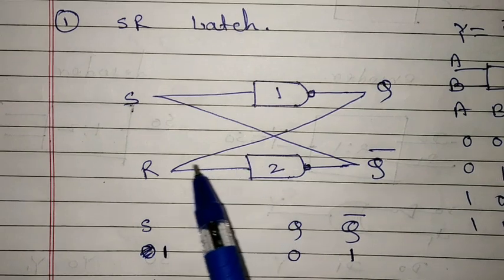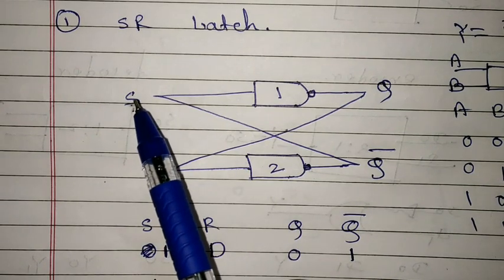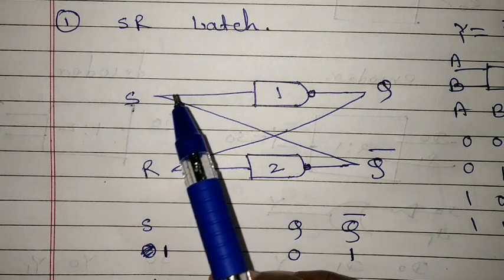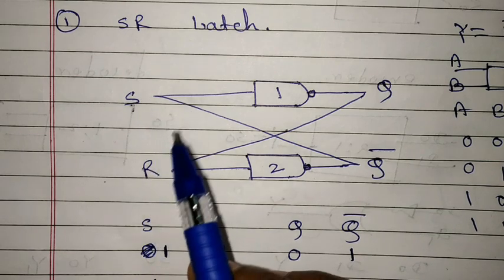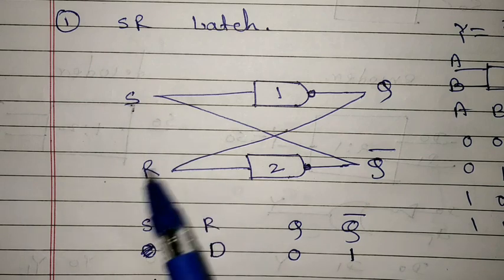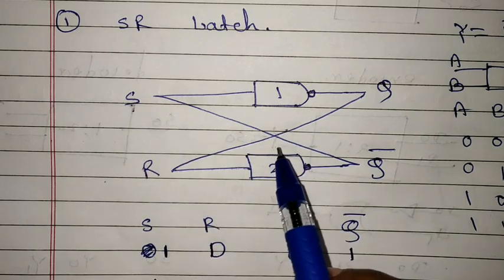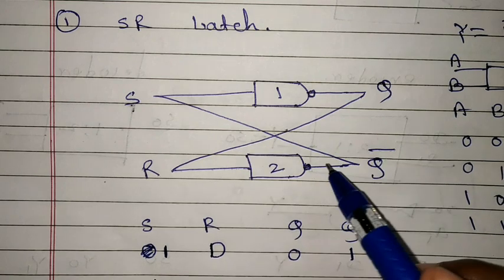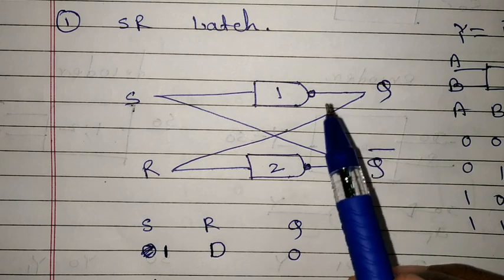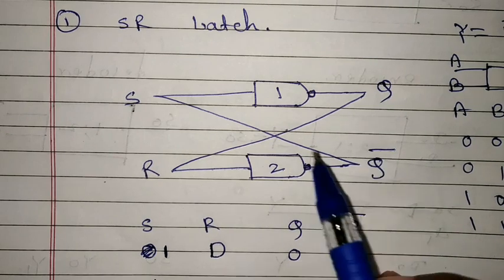Now see the next condition. If the circuit is switched on, initially S is 0, R is 0, or we assume that both inputs are equal, either 0 or 1. What will happen in this case? This case is an unstable state, or an unpredictable state.